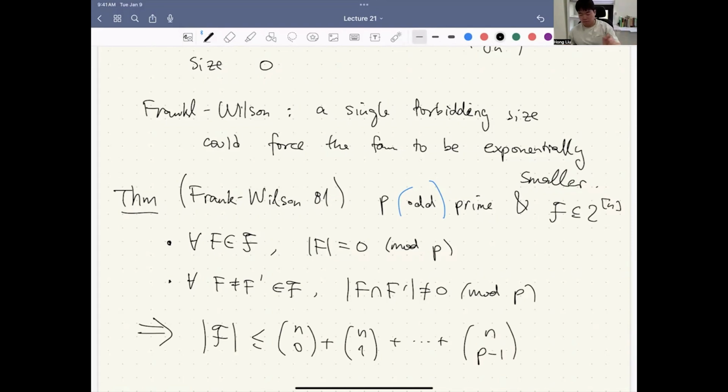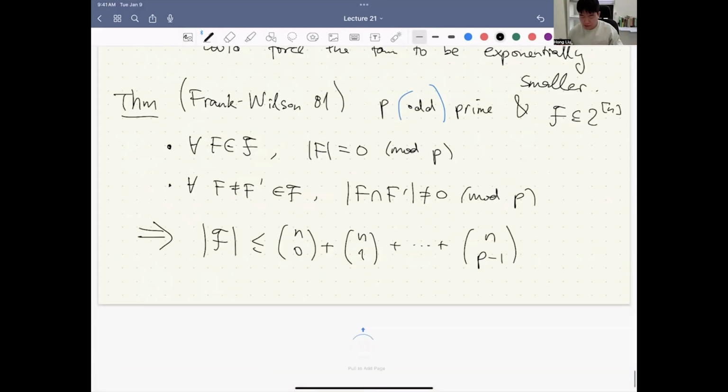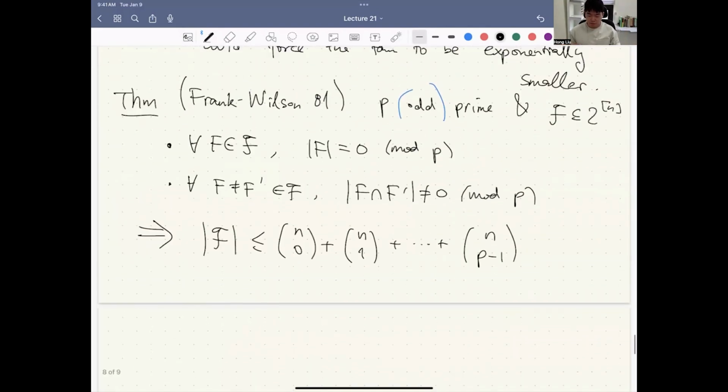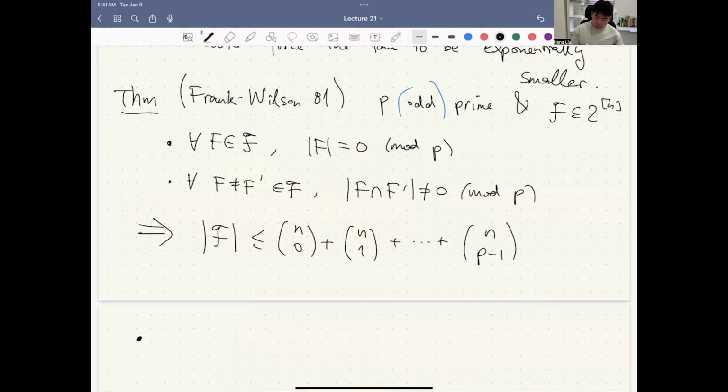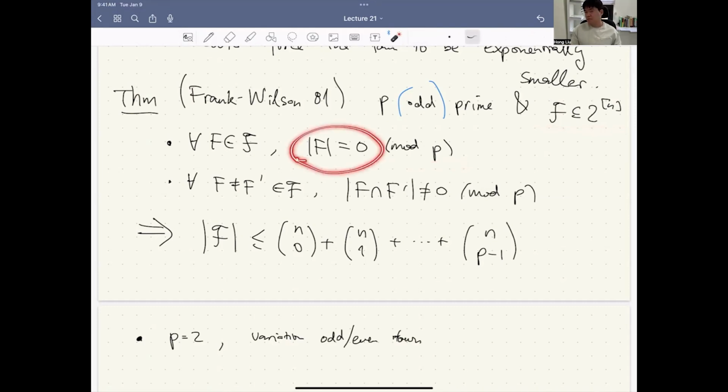Okay. Stated like this. So for example, if you take P equal to 2, what do we get? This is like a variation of odd town, even town, right? If you take P equal to 2, a collection of sets, every club is even size, but the intersection is odd size.